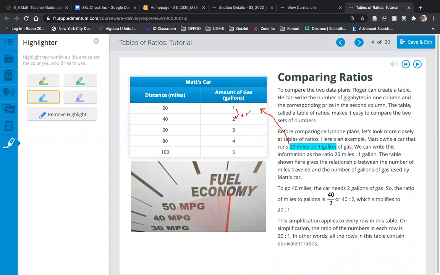If I add 1 more gallon of gas, that means I'm actually going to be able to go 20 more miles. So every time I move downward, I'm just increasing by whatever my ratio was. Same thing here. If I want to go from 2 gallons up to 3 gallons, I'm adding 1 more gallon. So every time I add 1 gallon, I'm able to go 20 more miles. So now 40 plus 20 gets me to 60 miles, right?